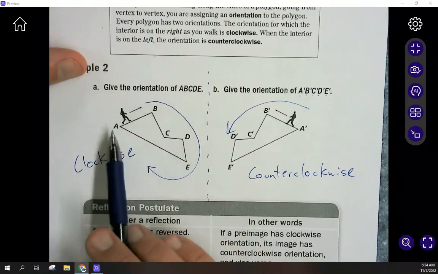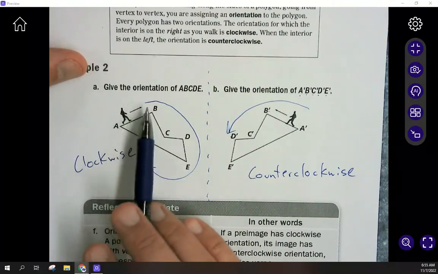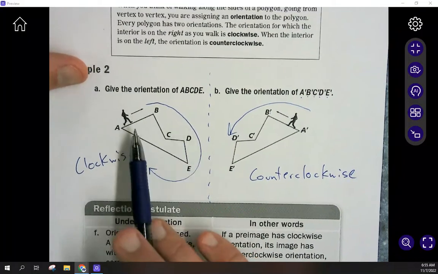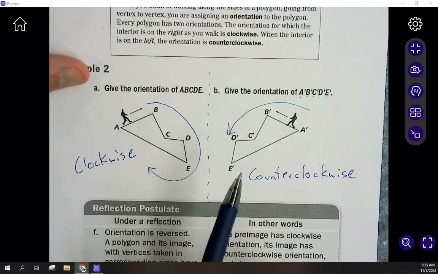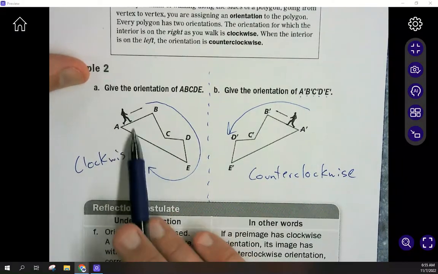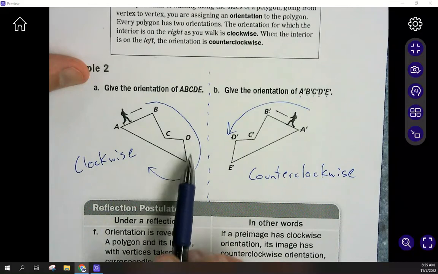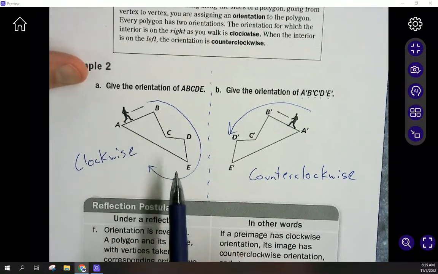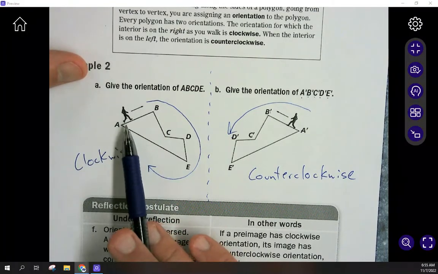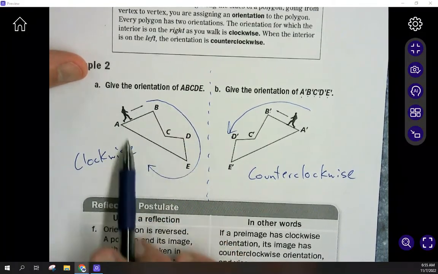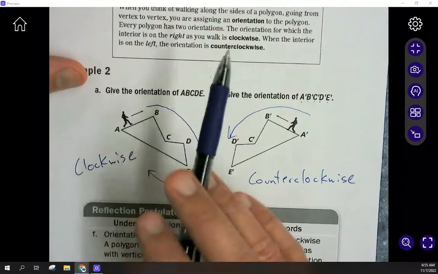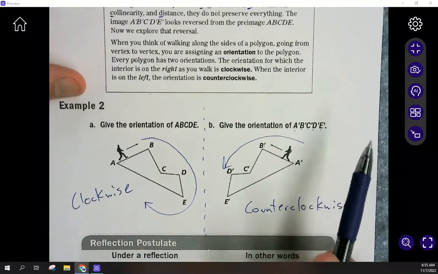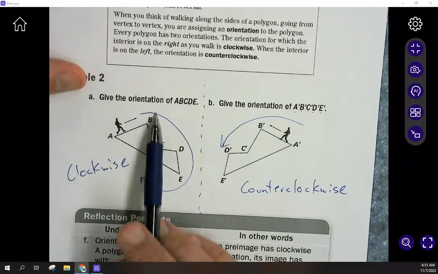But when you go to name a figure that's already been given to you, the vertices are already named, you do need to follow them alphabetically. Okay, so if this was given to you, you couldn't name this EDCBA and then say, oh, it's going counterclockwise. If these letters were already here, you have to follow them around, or like it says, you have to walk around the outside following the letters.